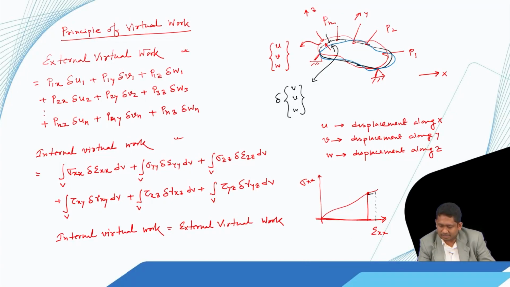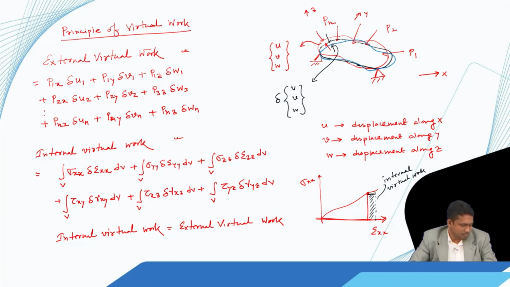If I draw a rectangle over here, the area under this is our internal virtual work. Now, let us understand something called the principle of minimum potential energy.